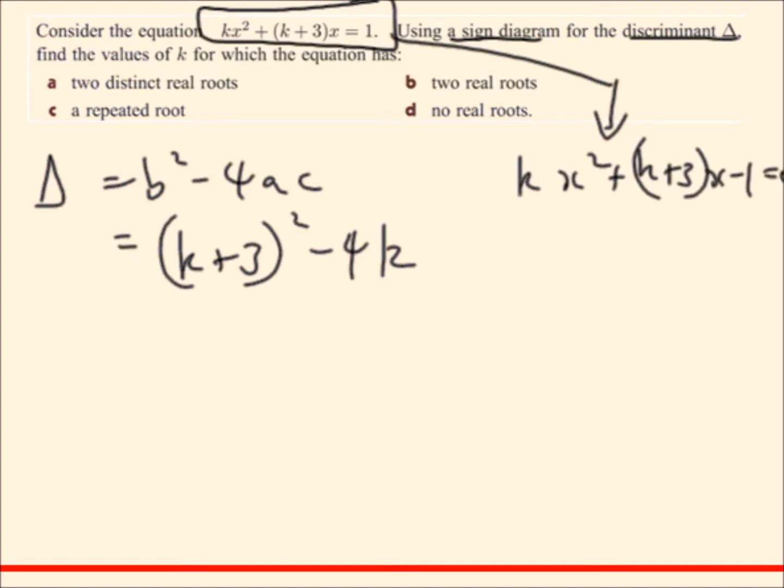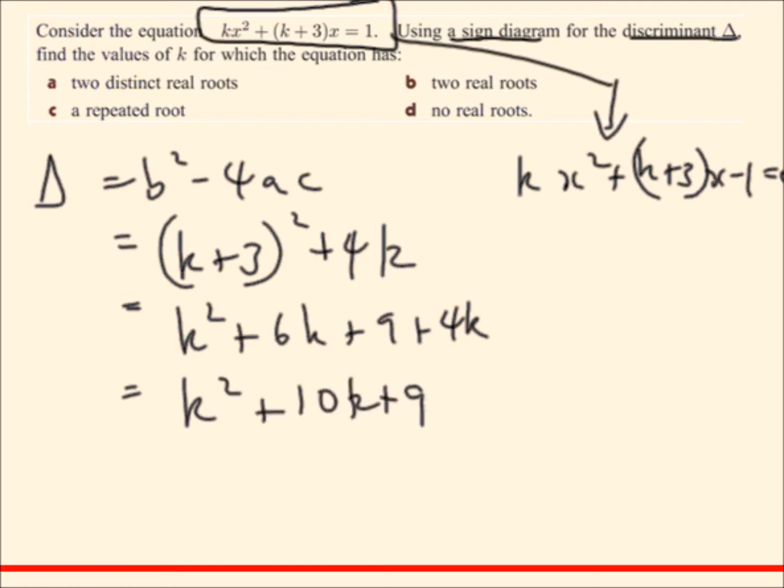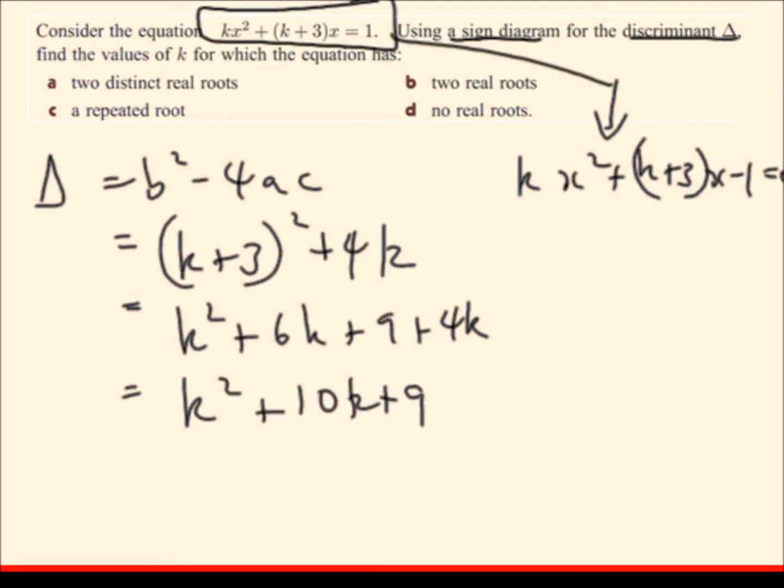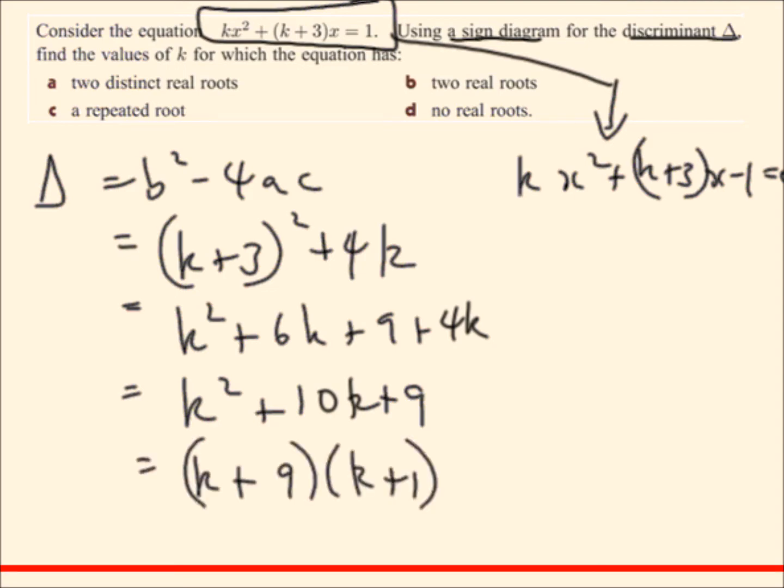So therefore c equals negative 1, which means in our discriminant we have a plus 4k at the end there. Expand our terms and then collect like terms, and we end up with this quadratic, which can be factorised into two factors, and from those factors we can now work out a sign diagram.